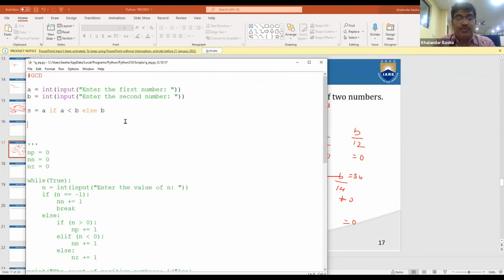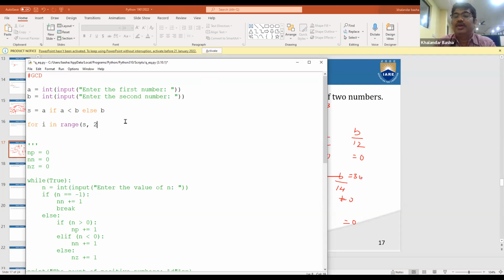Now we go for writing a for loop. We can write a for loop or while loop, anything you can take. If you are taking a for loop, I has to be taken in the range. What is the starting value you are going to take? The smallest value. Till what value we have to execute?